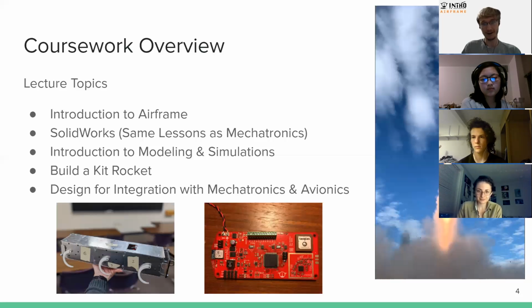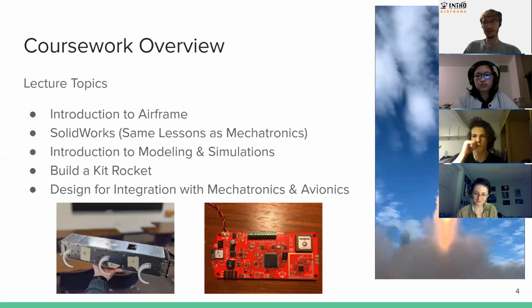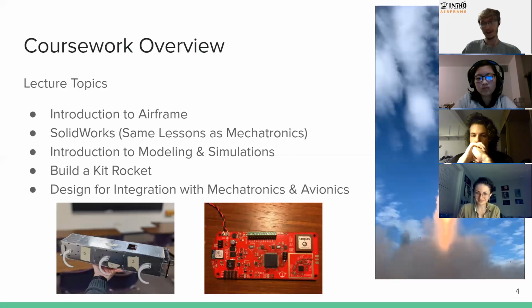And on the bottom right, you can see an example of the electronics that avionics is working with. We'll go into that in a little more depth, but it's essentially, as we'll see, a pressure sensor, a barometer that is integrated inside of an electronics bay. It basically tracks the flight of the rocket over time.